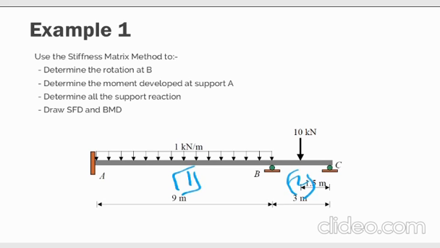As you see here, we have point B and point C. They have rotation and also vertical displacement, which means unknown values. When we start to make the global system, start first with rotation and then you can do the vertical.